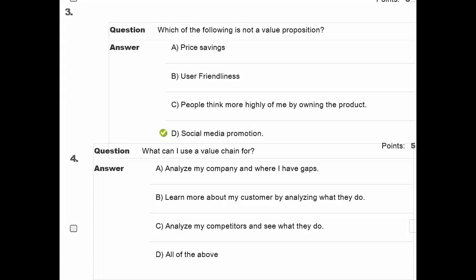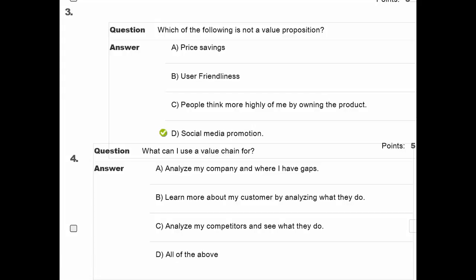What can I use a value chain for? I consider this to be a second tier question. And what it comes down to is when you think about what a value chain is for, how do you use it?